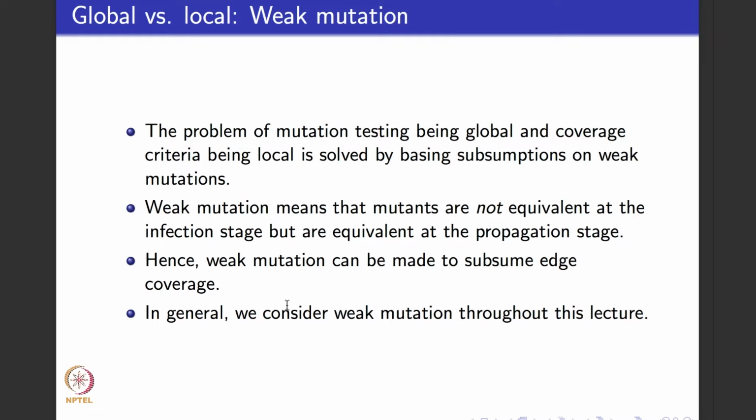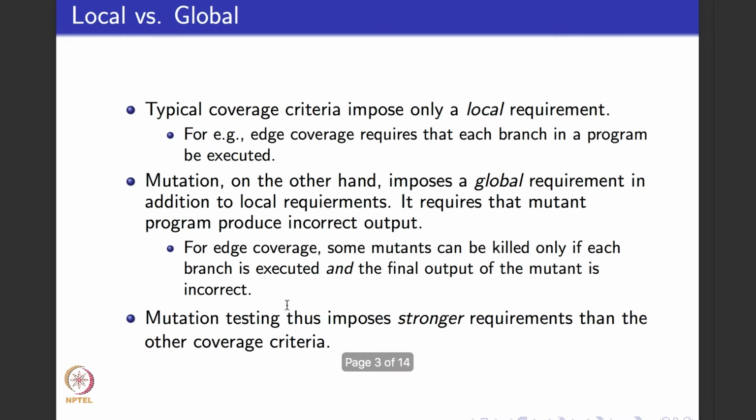When I say mutation testing is global, what do I mean by global? We mean that it's global because we want the mutant to produce an incorrect output, which means in the reachability, infection, propagation model, I want the mutant to ensure conditions of reachability, of infection, and of propagating all the way to the output to produce a different output.